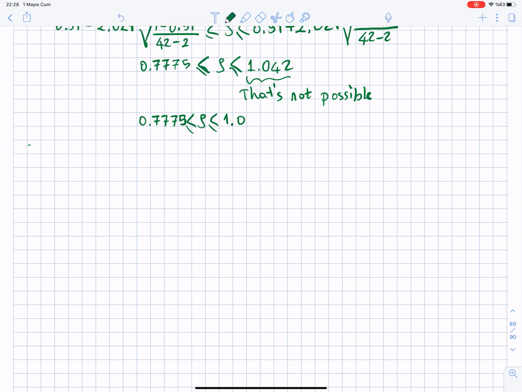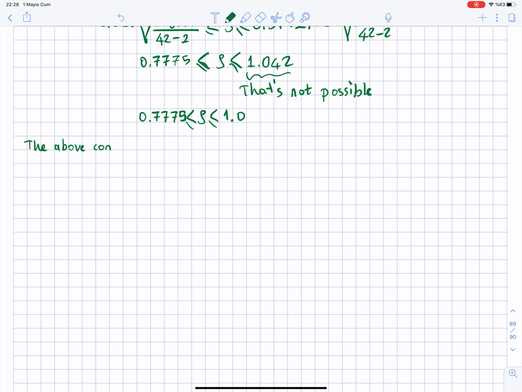The above confidence interval can be used to test the following hypothesis.